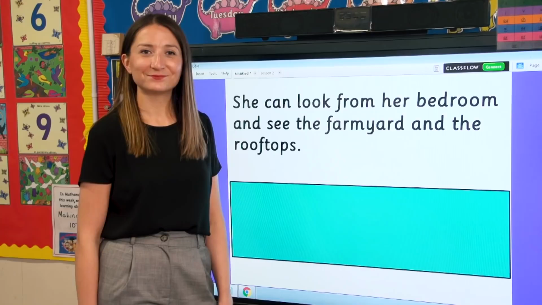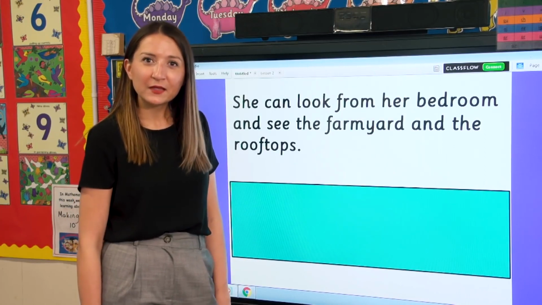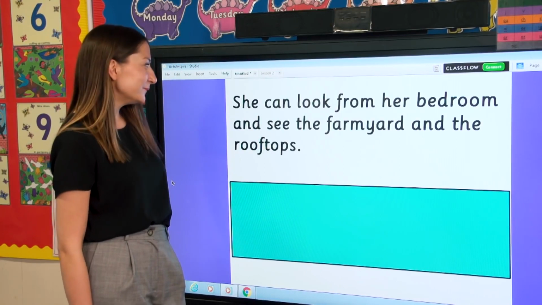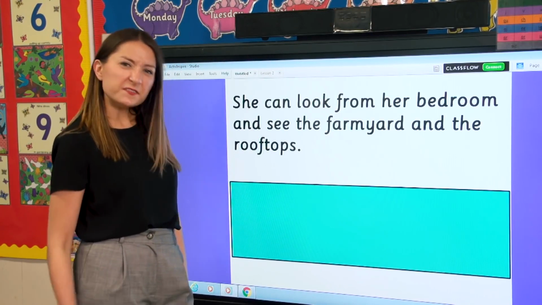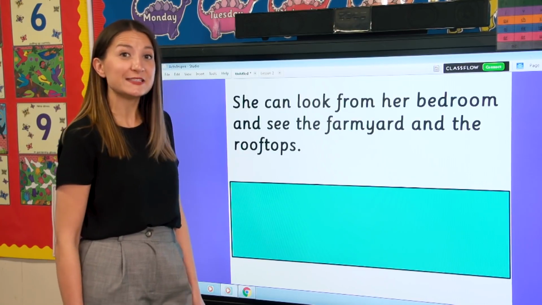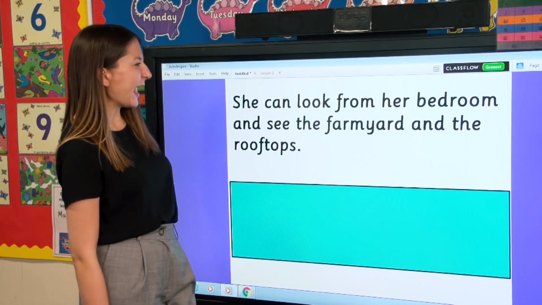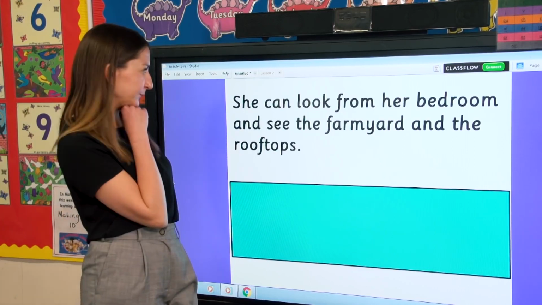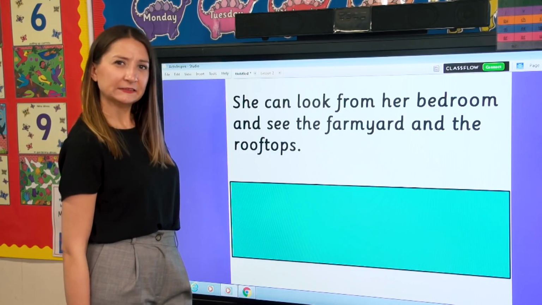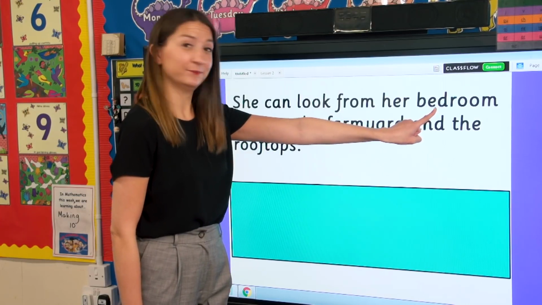Well done. Let's read some sentences with compound words. Have a look at this one. Now, to find a compound word, we need to look for two words put together to make a new word. Can you see any of those compound words? This one's a compound word.